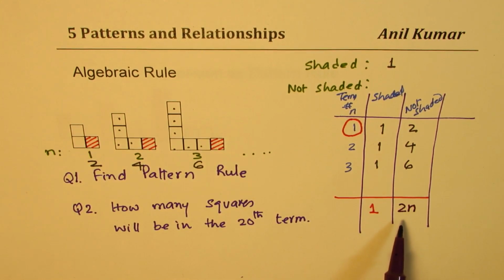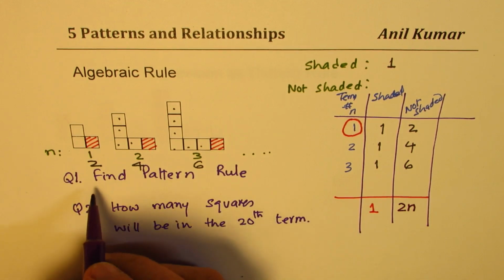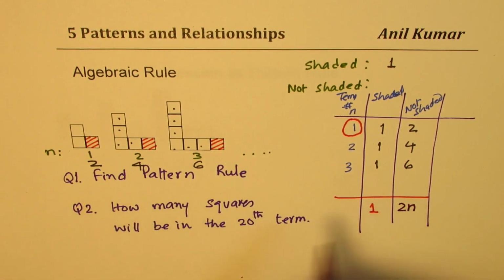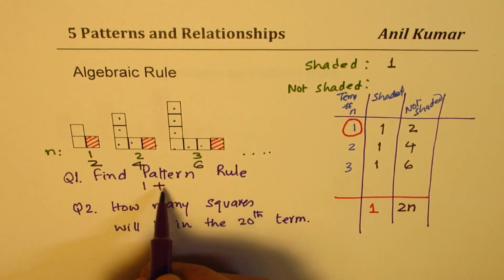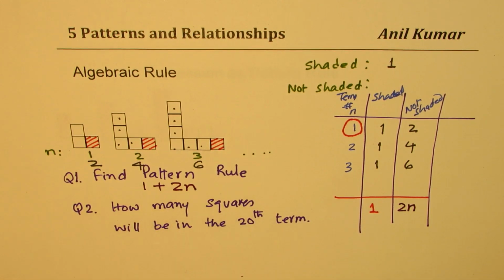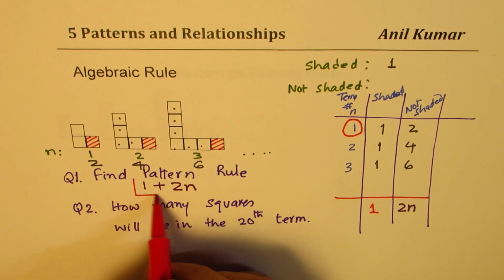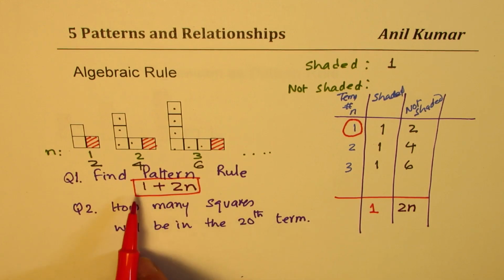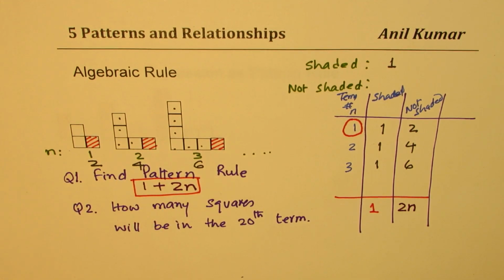So now we get a rule, right? So our pattern rule is 1 plus 2n. Do you see that? So this expression 1 plus 2n gives you the pattern rule. Now, using this rule, can you find the number of squares in the 20th term? Yes, we can.